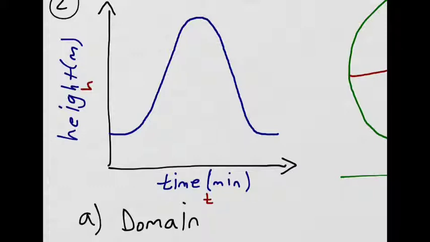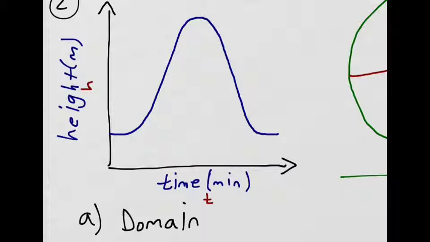You say, I've been here for 5 minutes, or I ran this morning for 1 hour. So time is positive. Could it be negative? Well, that doesn't make any sense, right? You can't go back in time, nor can you say, it took me negative 36 minutes last night to do my homework. Time is always a positive value.